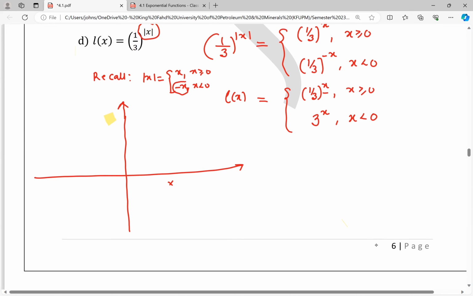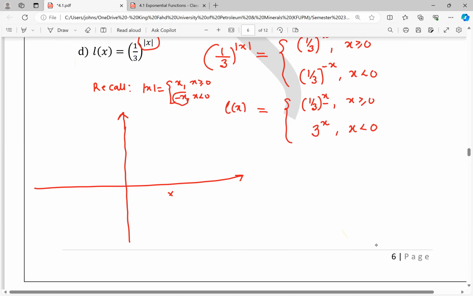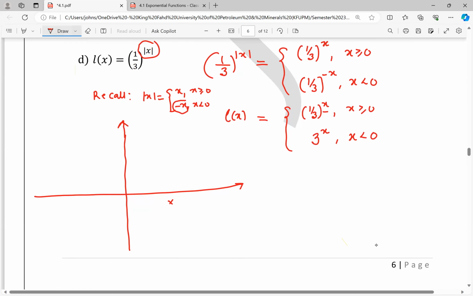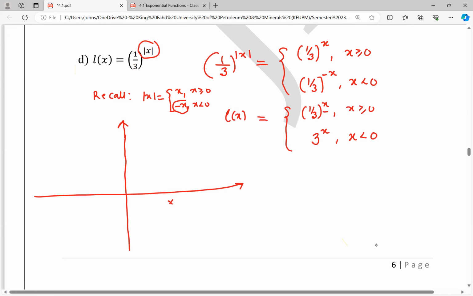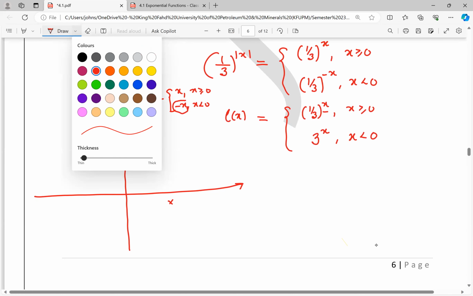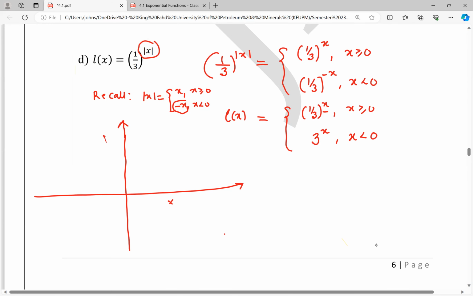So this is supposed to cut here like this, going close to 0. So this is actually 1 over 3, because 1 over 3 is between 0 and 1. But here, you cannot cross it to this side.